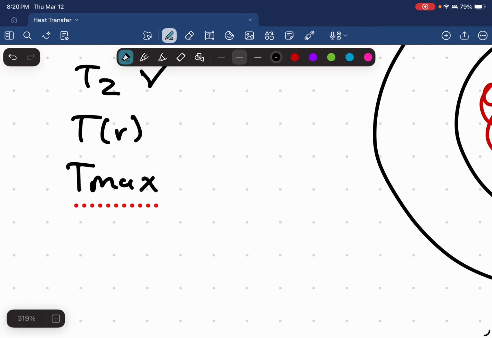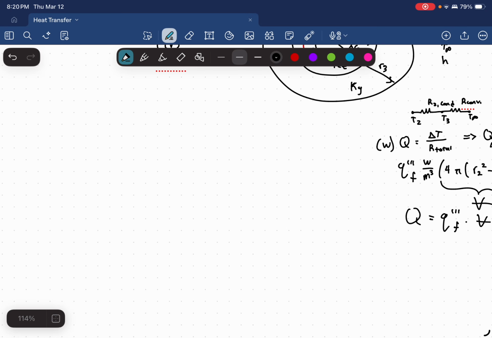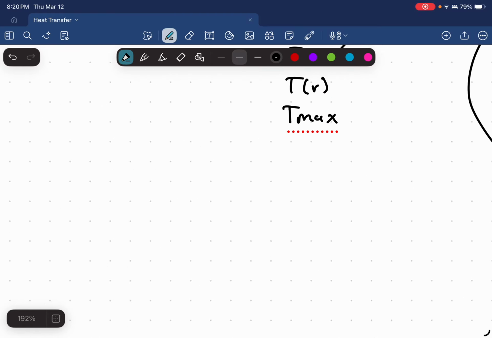Now we need to find an expression T of R. So that's where we use the coordinate system. It should be on an equation sheet. It was the previous one that we wrote. I'll just write it again.